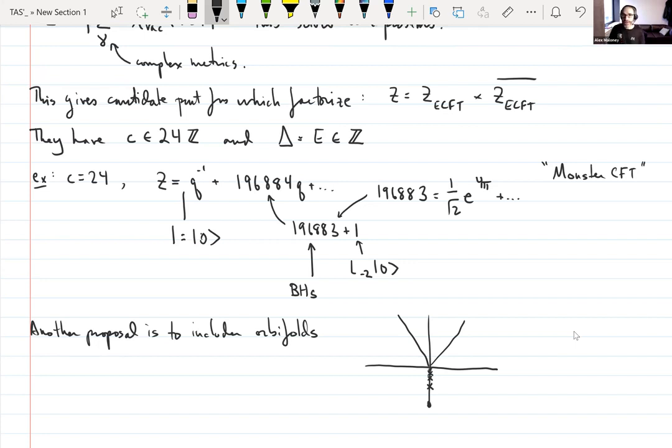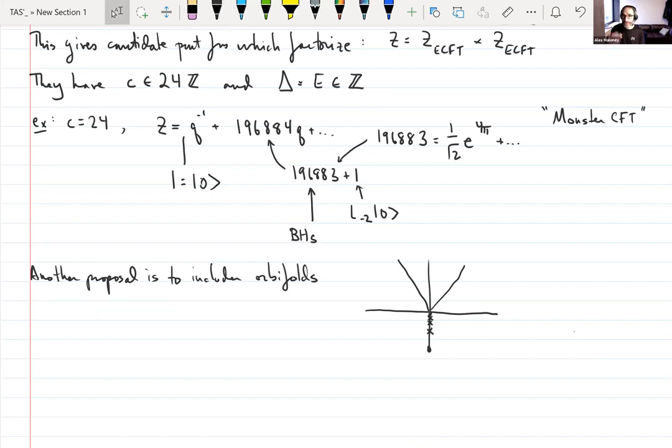And this, it turns out, will magically fix up the negativity in the partition function. Doesn't get rid of the continuum, but it fixes up the negativity. So that's one more possible avenue, things that you could do to fix up this calculation of the path integral of pure gravity.